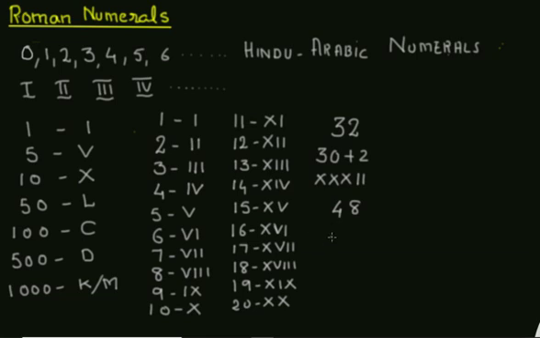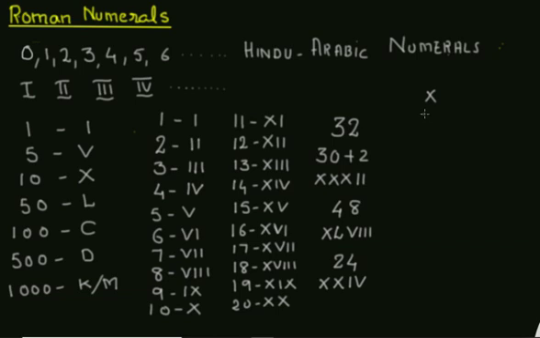Now, how do you write this number 40? You have 50 minus 10, 40, plus 8, 48. The number 24. 20 plus 4, 24.